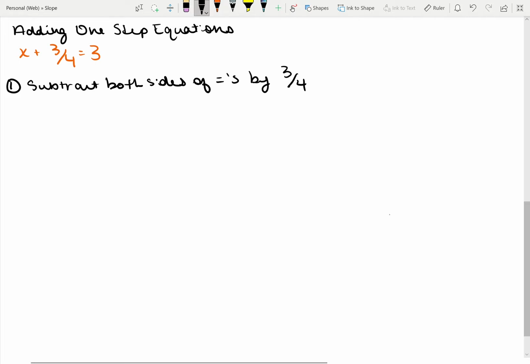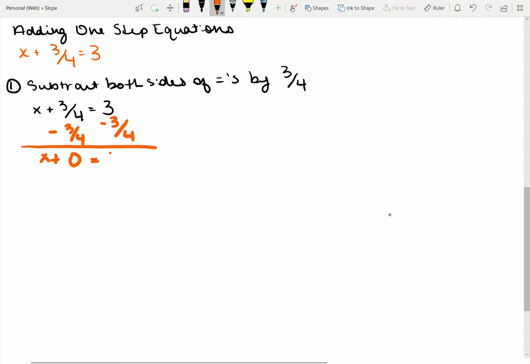Okay, so we have x plus 3/4 is equal to 3, and I want to subtract 3/4 on both sides of the equal sign. And what ends up happening here, a number subtracted by itself leaves us with 0, and then we just rewrite the remainder of the problem here.